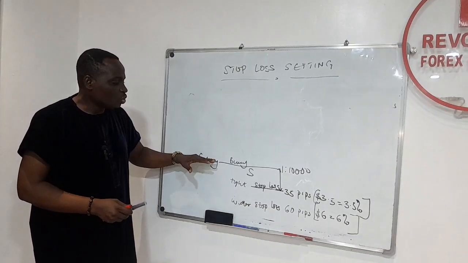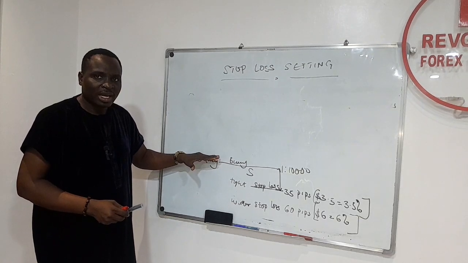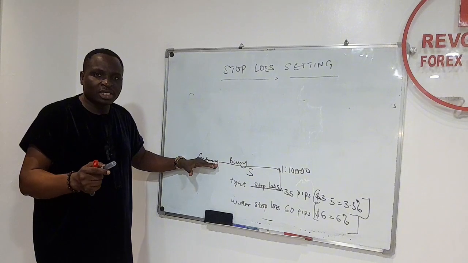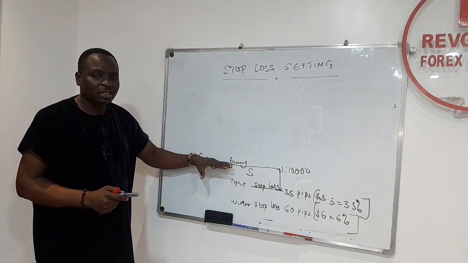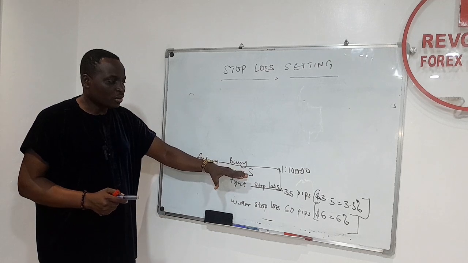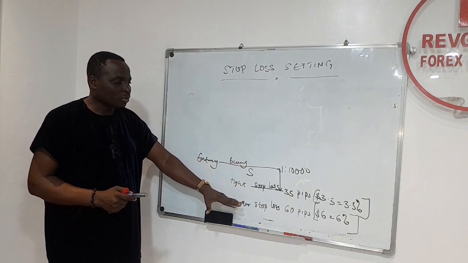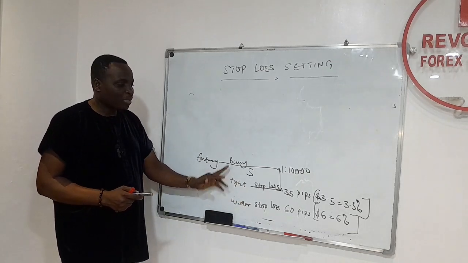Make sure you are buying at support at the key level, not a 5-minute key level, 15-minute key level, 1 hour key level, but a minimum of a 4 hour key level. It helps you to strategically position yourself in the market. So this is for buying.